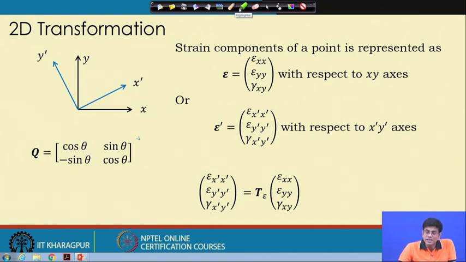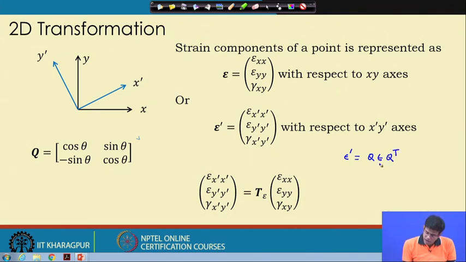Now in a tensorial notation we know how to transform strains. If I have a rotation matrix, then from our tensorial discussion in the previous class itself, we know that epsilon prime is essentially Q epsilon Q transpose.